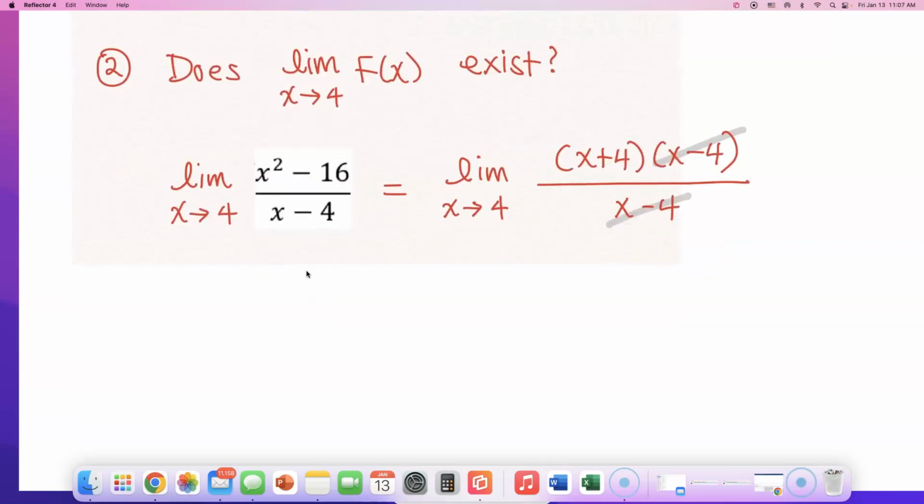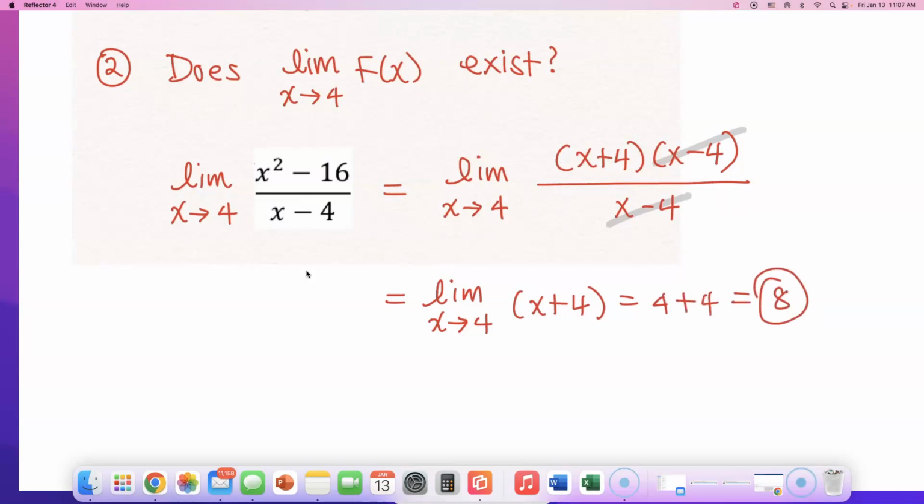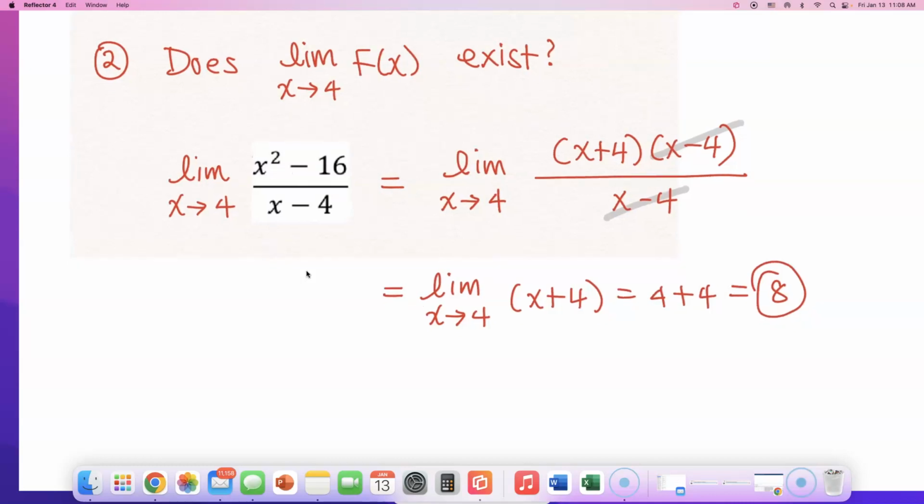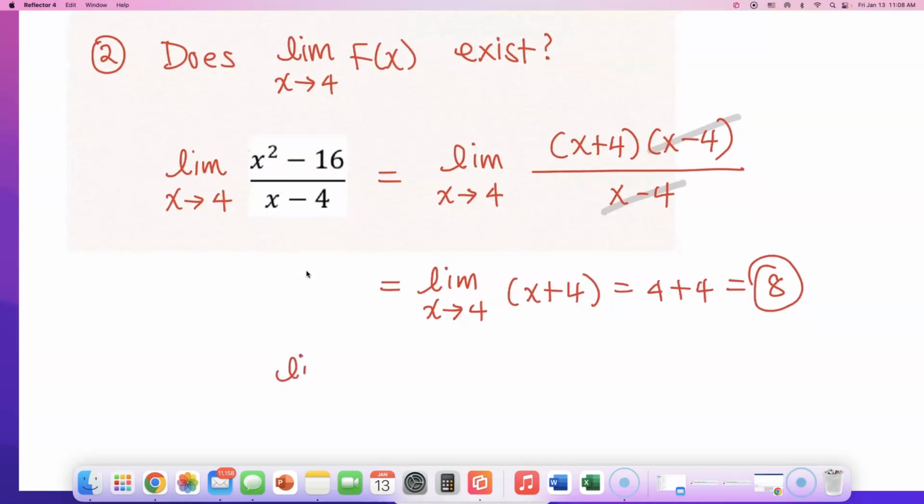Now evaluate the limit as x approaches 4 of x plus 4, which is just 4 plus 4, or 8. So the limit is 8. I'm going to write that down here: the limit as x approaches 4 of f of x is equal to 8.